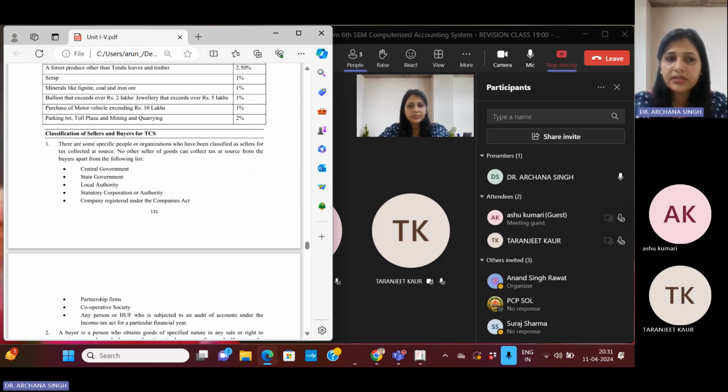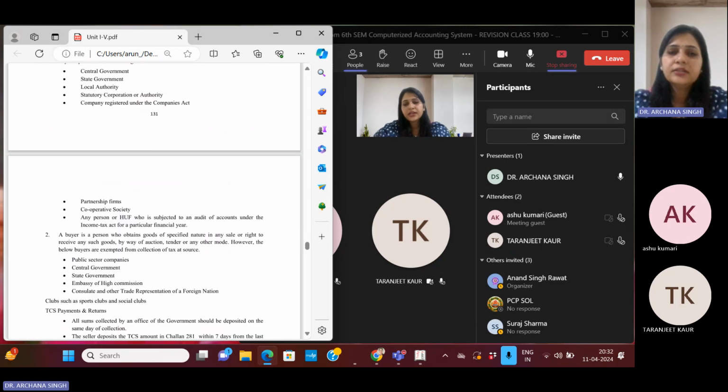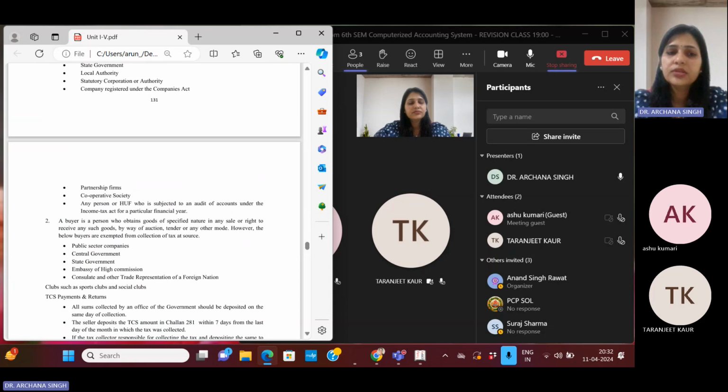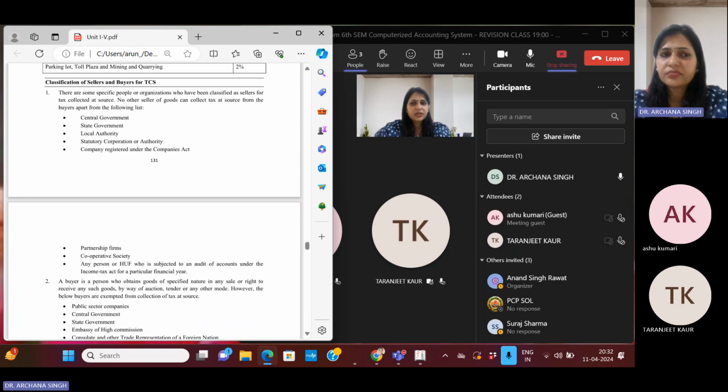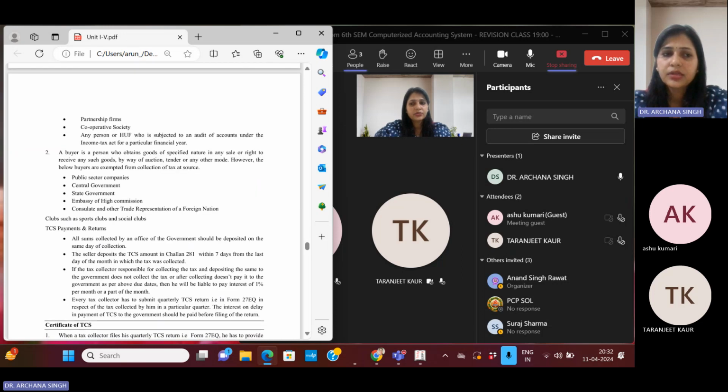First is your central government, state government, then local authority, statutory corporation authority, then companies registered under the Companies Act, then partnership firms, cooperative society, or any other person or HUF who is subjected to an audit of accounts under Income Tax Act for that particular financial year. So these are the agencies that are responsible for collecting tax collected at source.